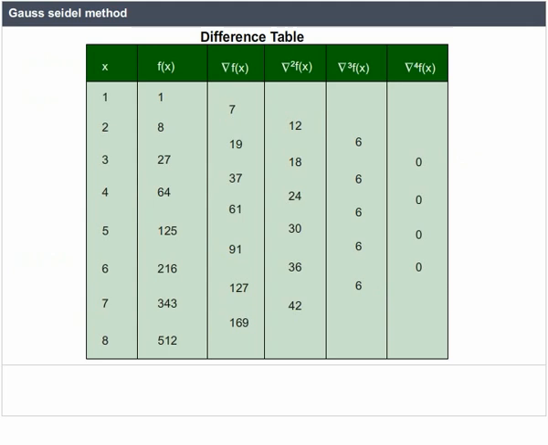Δf(x) follows 7, 19, 37, 61, 91, 127, 169. Δ²f(x) follows 12, 18, 24, 30, 36, 42. Δ³f(x) follows 6, 6, 6, 6, 6. Then Δ⁴f(x) follows 0, 0, 0, 0.